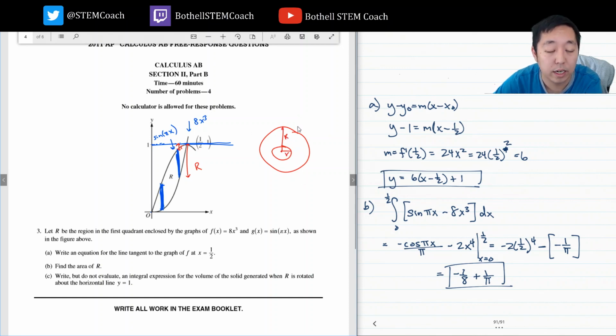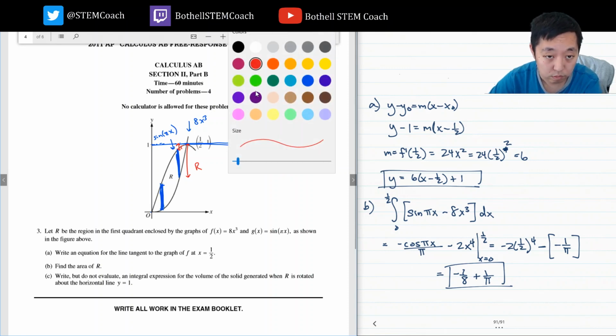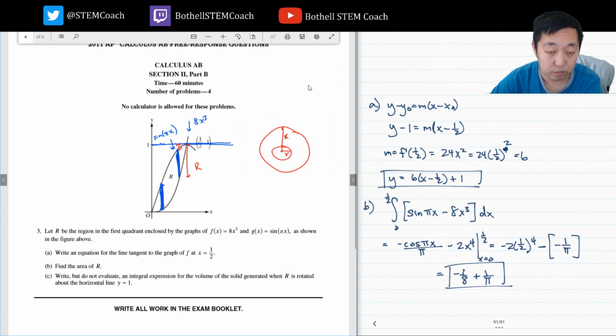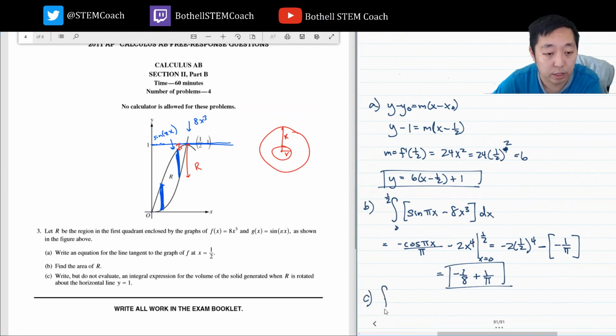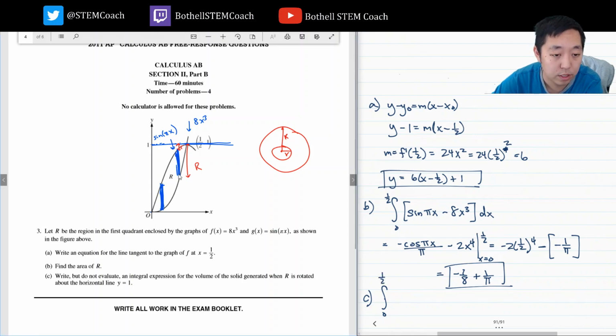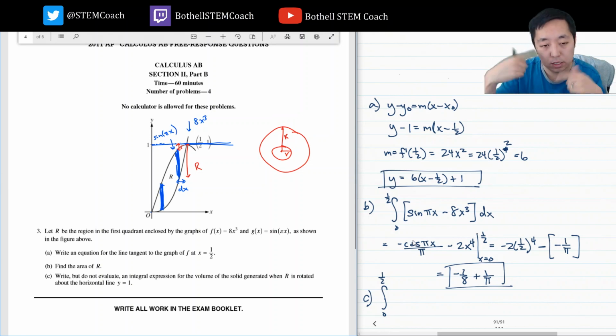And so the area is the area of the bigger circle minus the area of the little circle. So for C, I want to integrate, again, from 0 to 1/2. I'm looking at the x coordinates because these slivers are in the x direction. This is dx right here, the width of these little slivers. So the area of the disk times that thickness is the little volume of that disk.